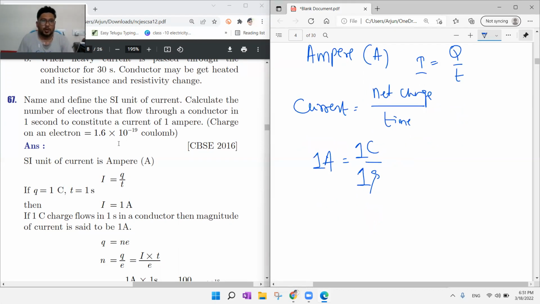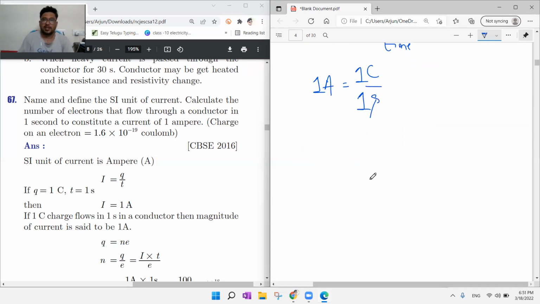And we know how many electrons will be present, the number of electrons. We already did that one. We know Q is equal to N into E. N stands for number, Q stands for net charge, E is the charge of an electron. We have to find N. N is equal to Q upon E. Q value is 1 coulomb upon the charge of an electron, 1.6 into 10 to the power of minus 19 coulomb.